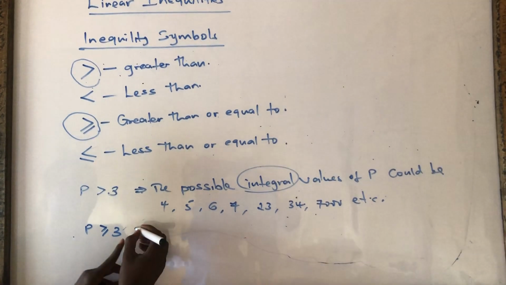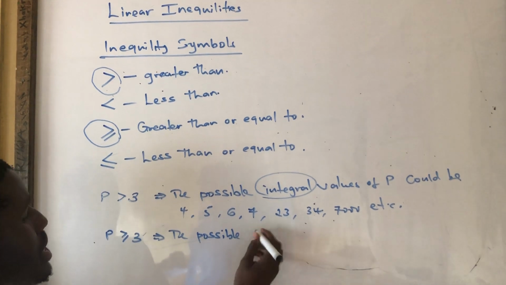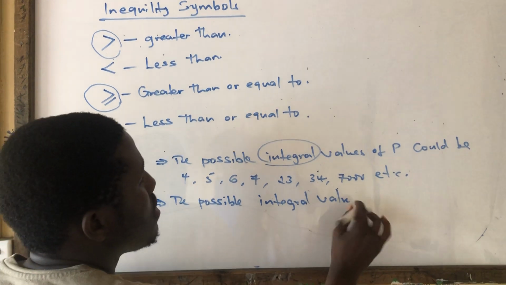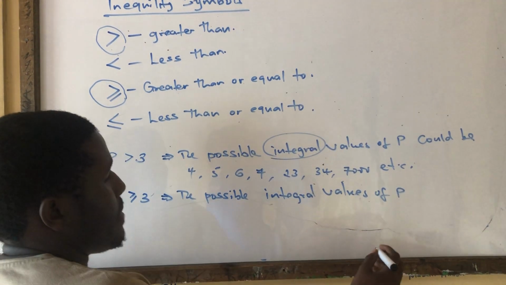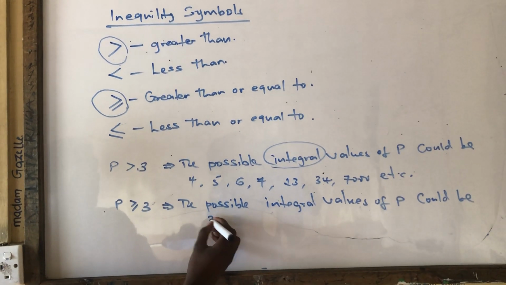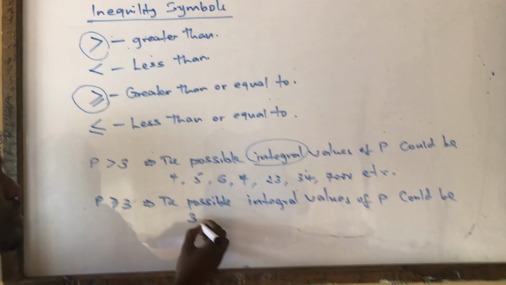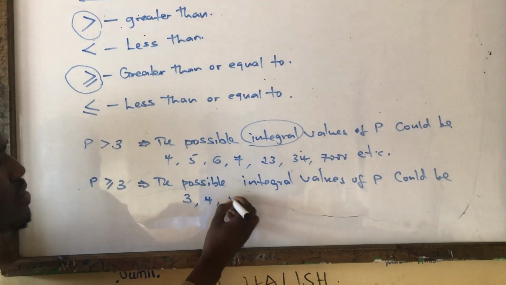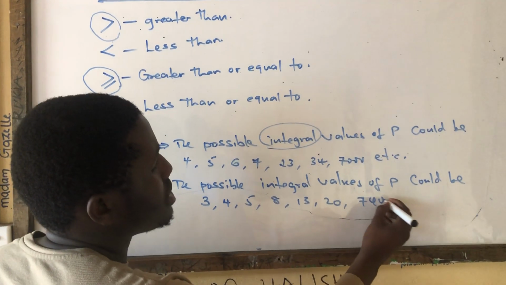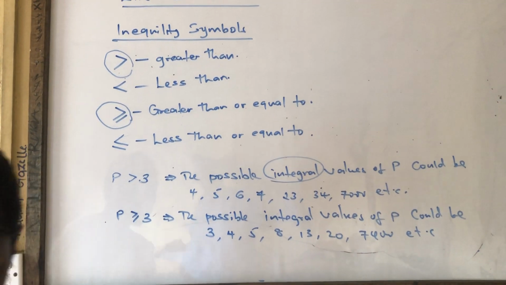It means that the possible integral values of P could be the 3 itself, take note of that. Then we proceed to numbers like 4, 5, 8, 13, 20, 7,400, etc. Again, the list is endless.